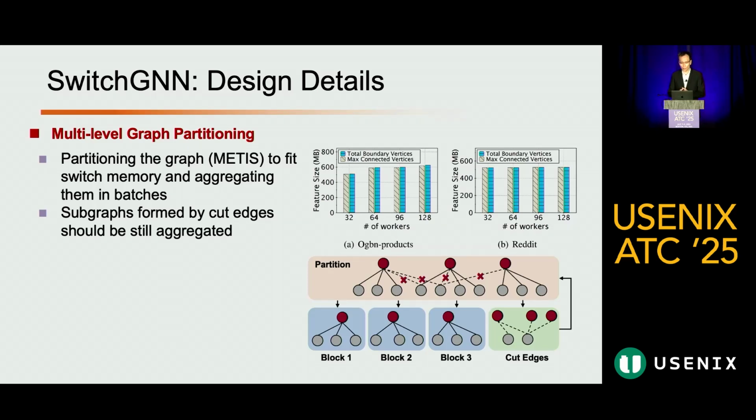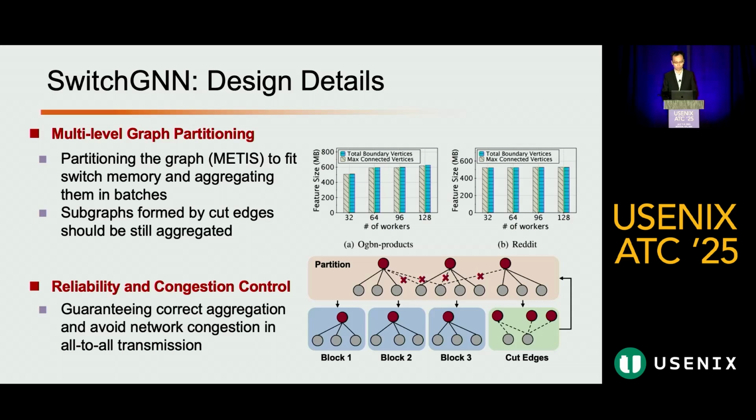Now, splitting creates cut edges between blocks, so we have to send data for these edges to keep graph propagation accurate, trading off a bit of extra traffic for correctness in training. We can use more advanced graph partitioning algorithms to minimize the number of cut edges. Now, this process repeats iteratively until all the subgraphs can fit within the switch memory.